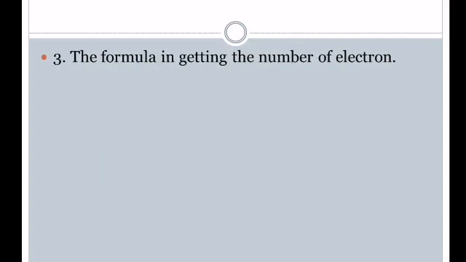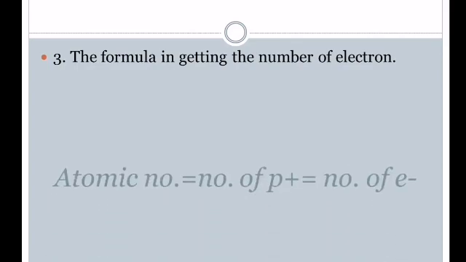Next, the formula in getting the number of electrons. What is your answer? Correct. Atomic number is equal to the number of protons is equal to the number of electrons.